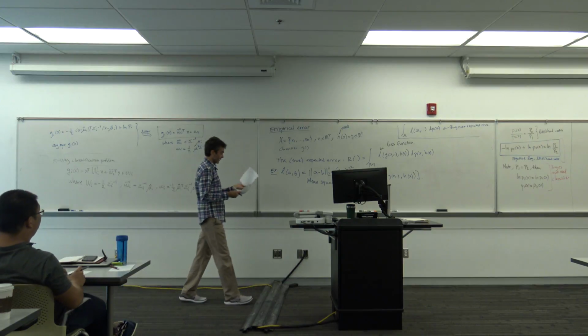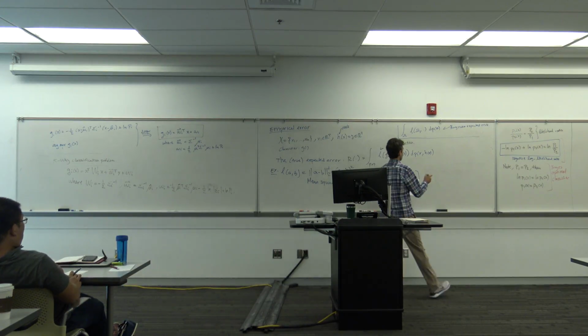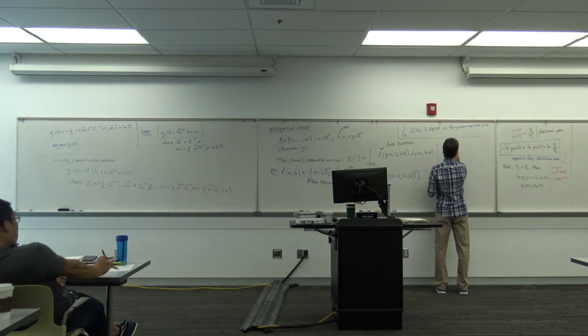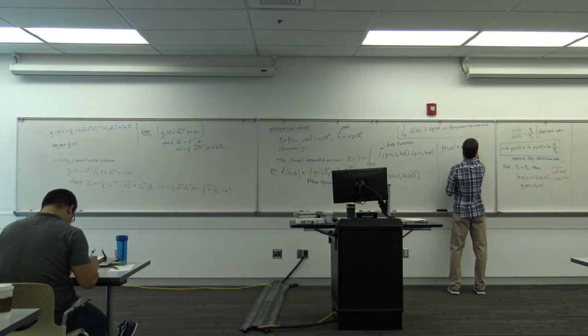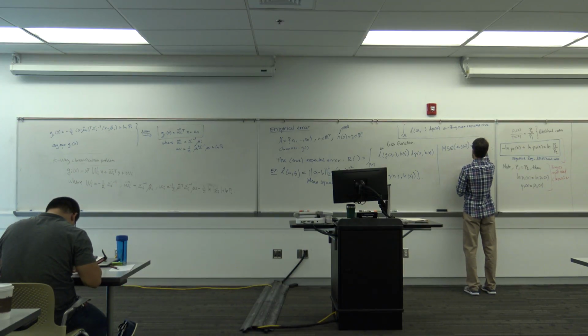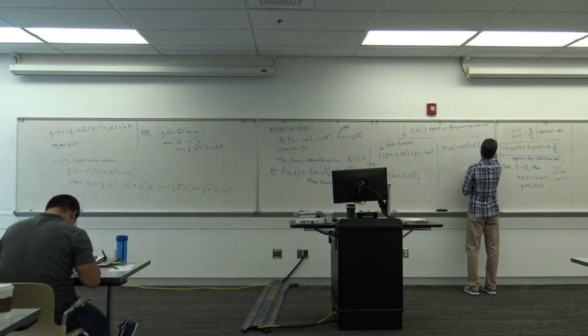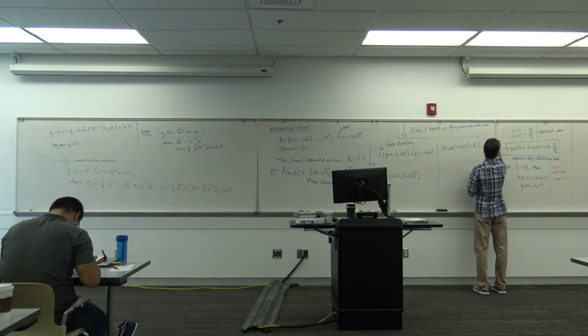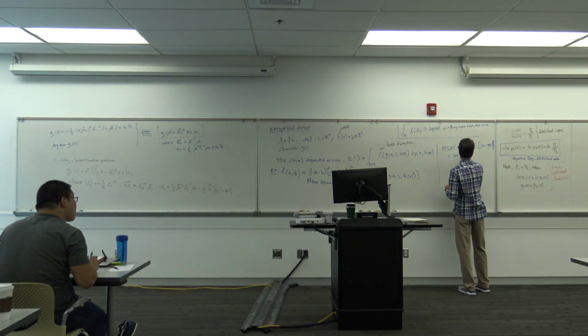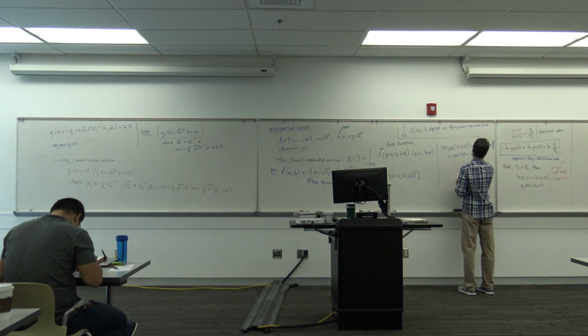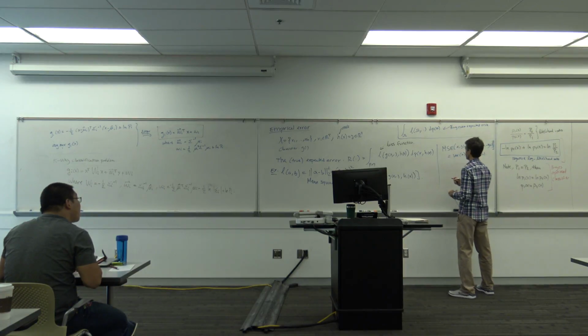So the MSE of A, g of A, can be written as the expected value of A minus g of A squared, which is equal to the variance of A plus the bias squared of A.